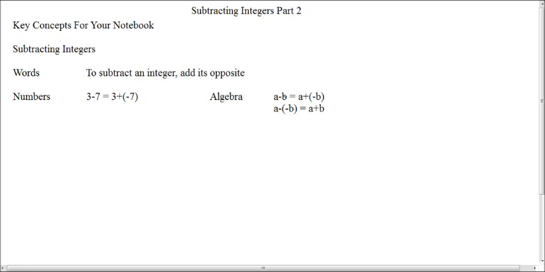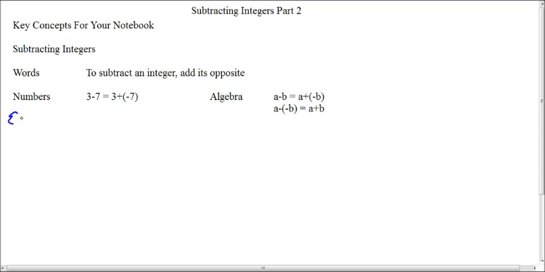Same, opposite, opposite. So that should help you when you're looking at numbers with that subtraction sign in the middle. That means same, opposite, opposite. So you actually just add the opposite anytime you subtract, no matter what the number is. Let's take a look at a couple examples.